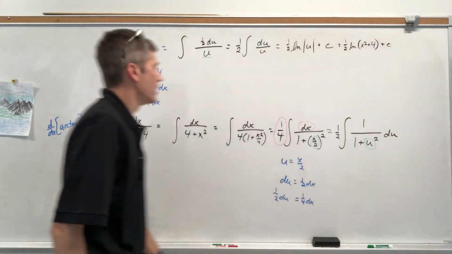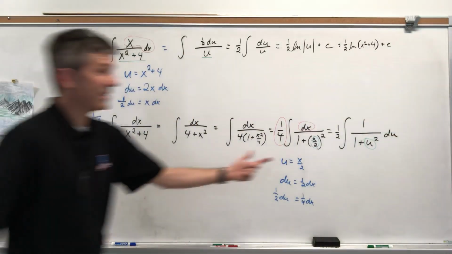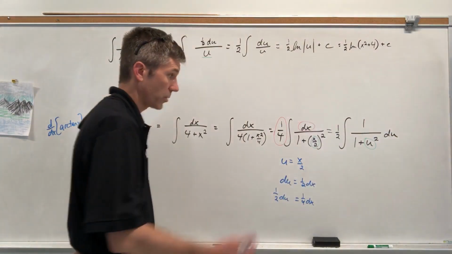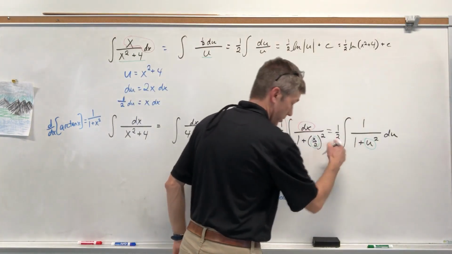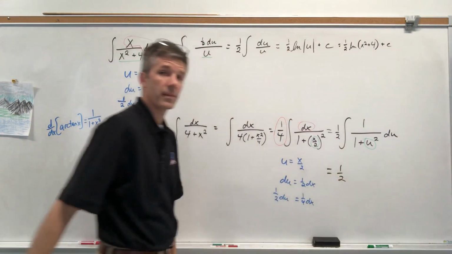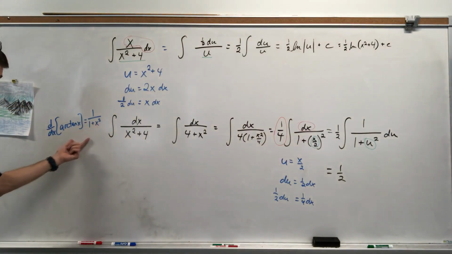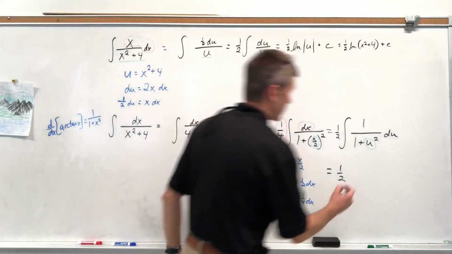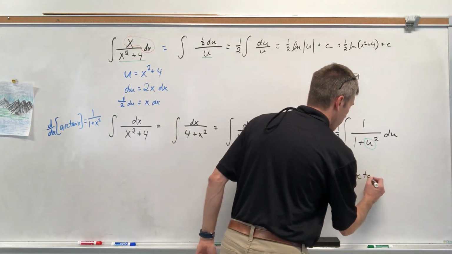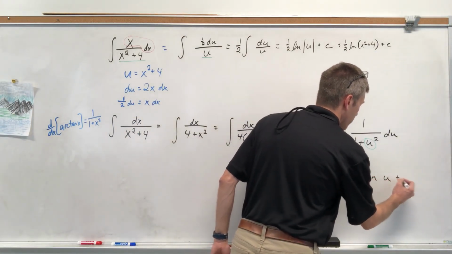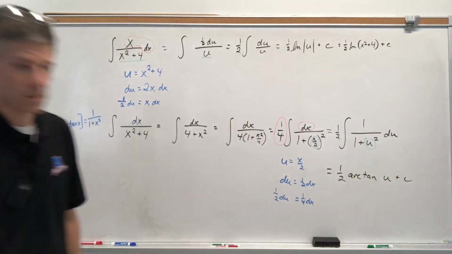There we go. So this is this. So the antiderivative is, there's a 1/2 floating around. Let's not forget him. 1/2 of, okay, well, the antiderivative of this goes back to arctan. So it's arctan of u, and then plus c. That's an ugly c, but whatever.